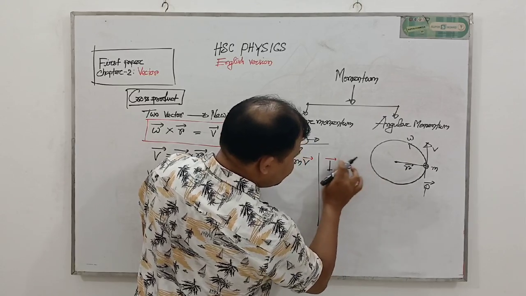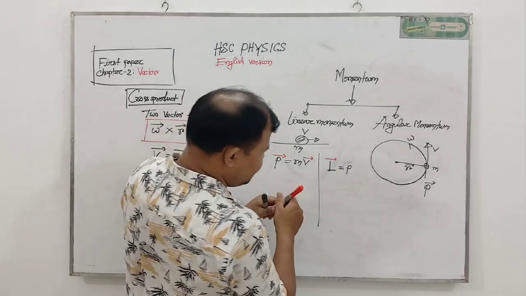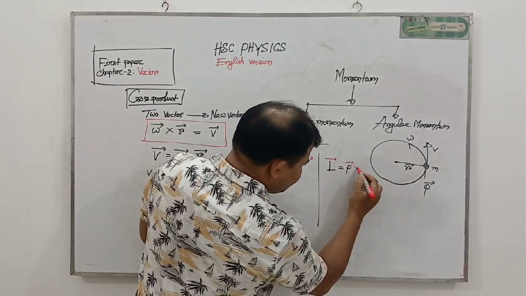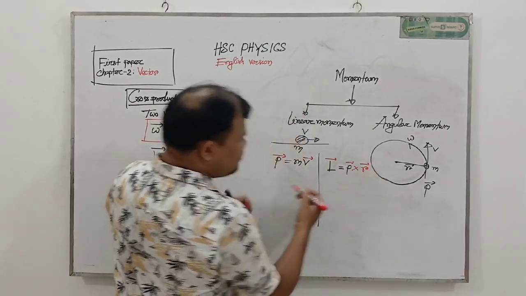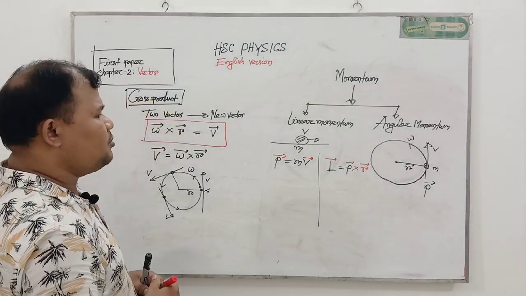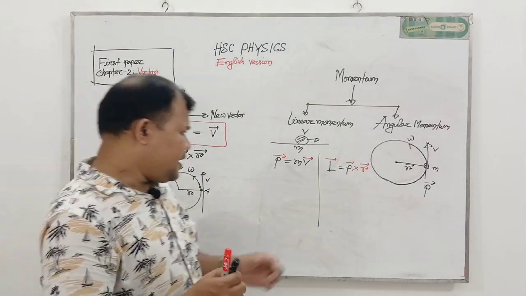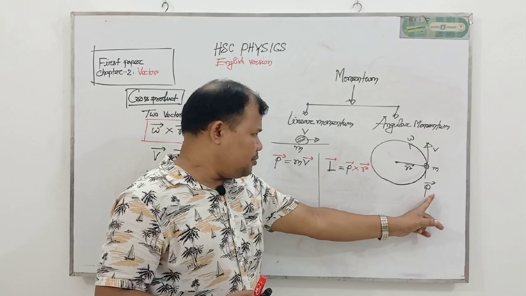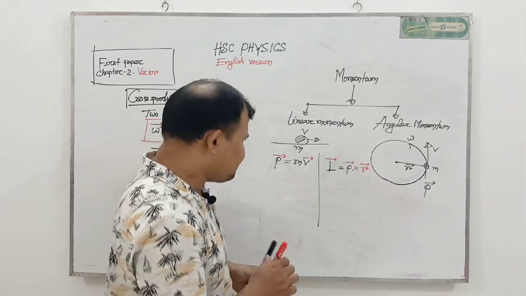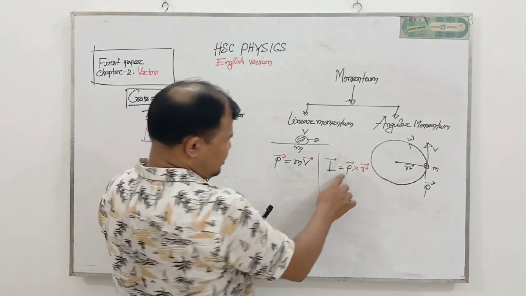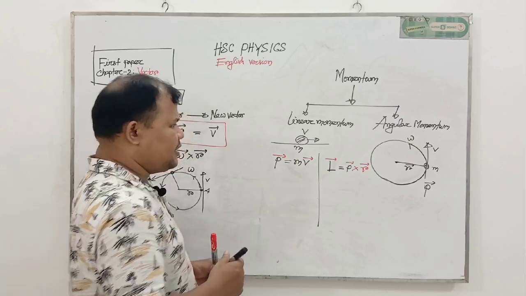The cross product of linear momentum and radius vector is called angular momentum. My dear student, as P is a linear momentum, L is the angular momentum. After completing this cross product, we get a new term.